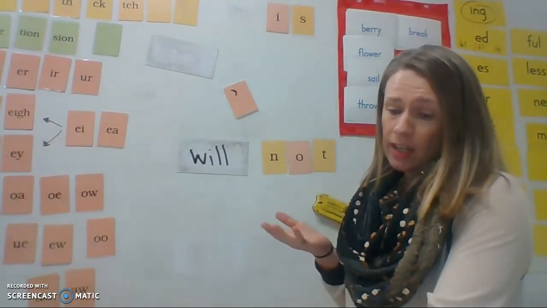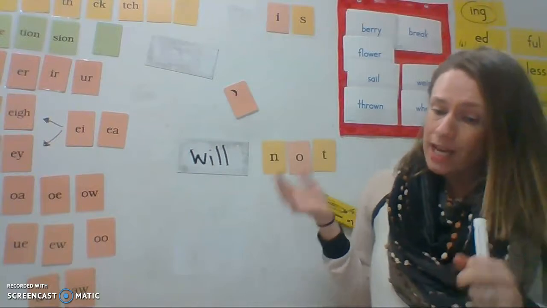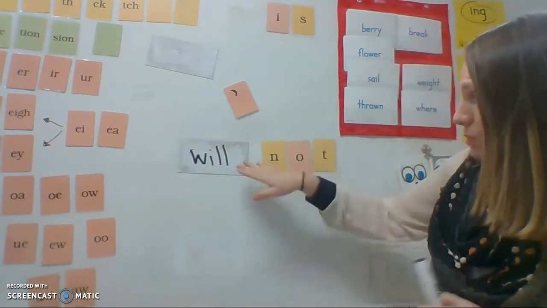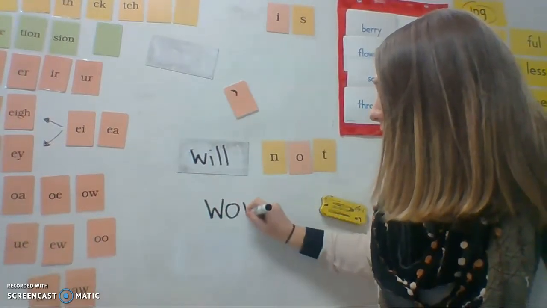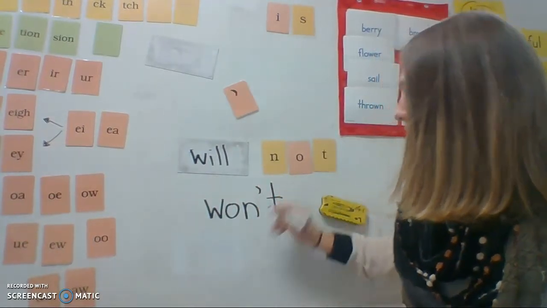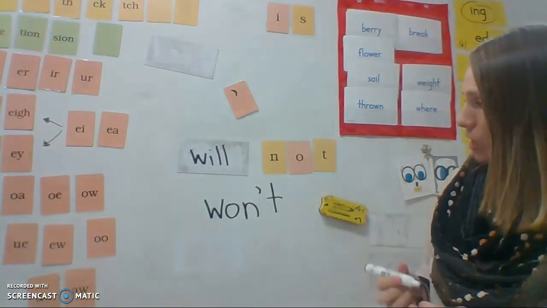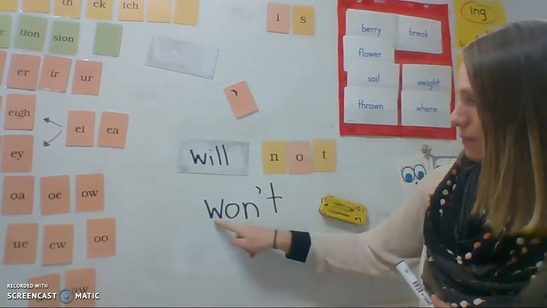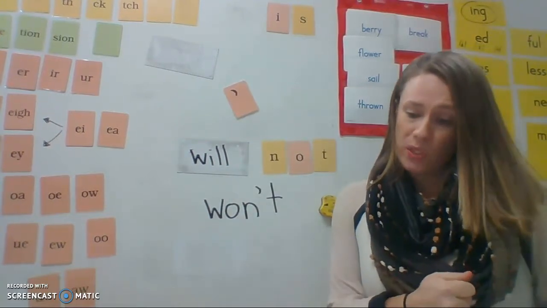So unfortunately, you just have to memorize it. If I'm saying I will not eat asparagus, we don't smush it over. We completely change it and say won't. I won't eat asparagus. So will not becomes the contraction won't. You can see that the NT part stays the same, but look what happens to will. It goes to woe. I won't.